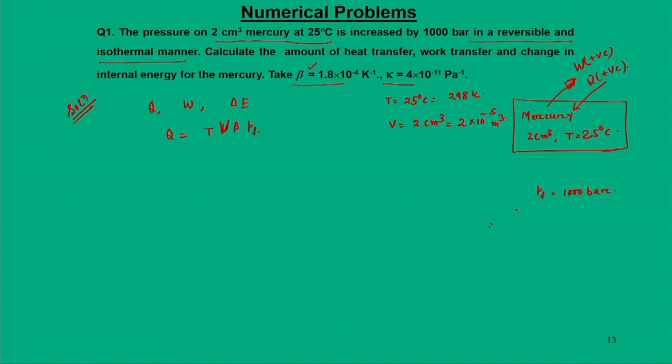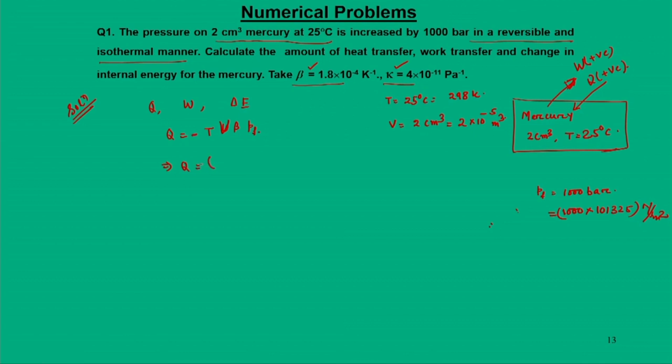Beta is given, kappa is given, and Pf is 1000 bar. So, we can write it as 1000 into 101,325 Newton per meter square.